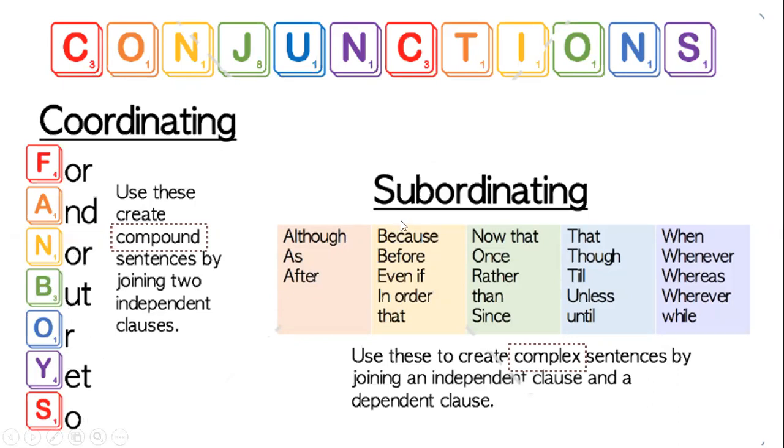And the subordinating conjunctions include although, because, now that, when, and so forth. You can use these words when you are trying to join two sentences together, for example, if you want to make the paragraph more interesting.